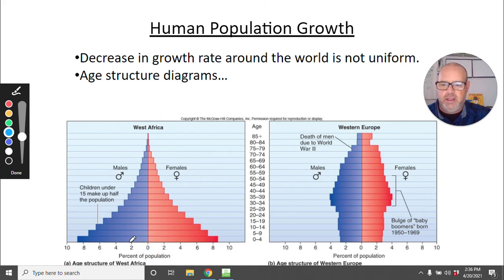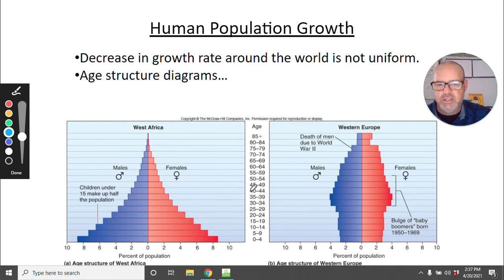So then it goes from 0 to 10 this way, and this is for the males. And then it goes from 0 to 10 this way, and this is for the females. And here is the age. So 0 to 4, this red bar right here, that's how many females there are from age 0 to 4. Here's the 0 to 4 males, in the bottom bar there.